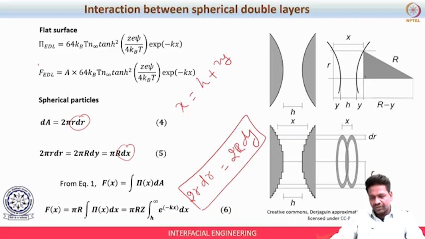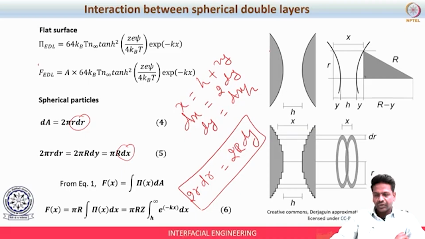What is dx then? dx will be 2 into dy, or dy will be simply dx by 2. So, if I substitute this here, it will be pi capital R dx. So, I am now able to convert this 2 pi r dr into pi R dx.